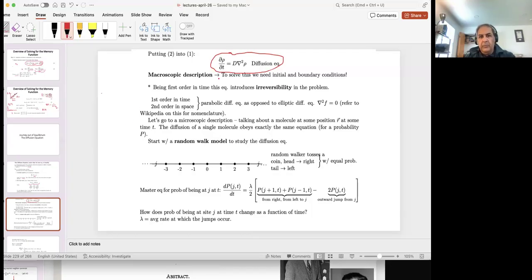But I would like to point out something which is structurally important. If you look at the left side of the equation, it's a first derivative in time. If you look at the right side of the equation, it's a second derivative in space. An equation which is second derivative in time is robust under a t going to minus t transformation.